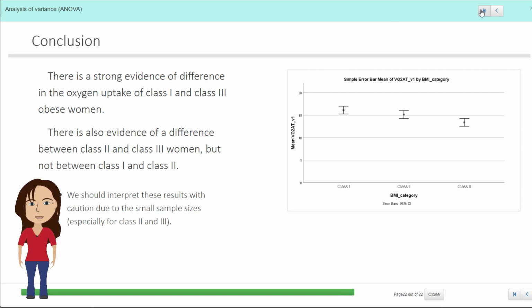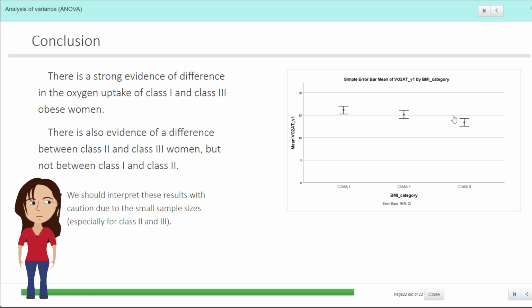Now, as a picture, I would always include one just to show what this looks like. And here we can see that the oxygen uptake is lower for the class 3, and if we're writing this in a paper, we'd give an estimate around how much lower it is compared with class 2 and class 1. If you're just trying to read this graph quickly before doing a test, if there's no overlap between the confidence intervals, you'll definitely get a significant result.